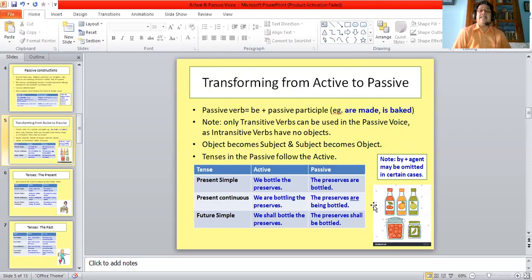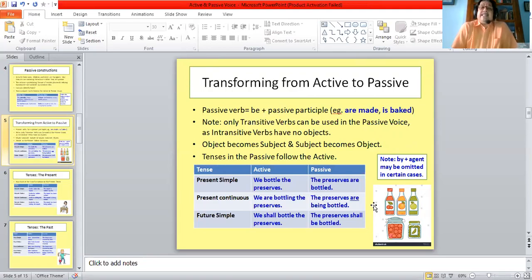So only transitive verbs can be used in the passive voice. The object becomes the subject and the subject becomes the object, or in other words, there is a switchover of subject and object between the active and passive voices.